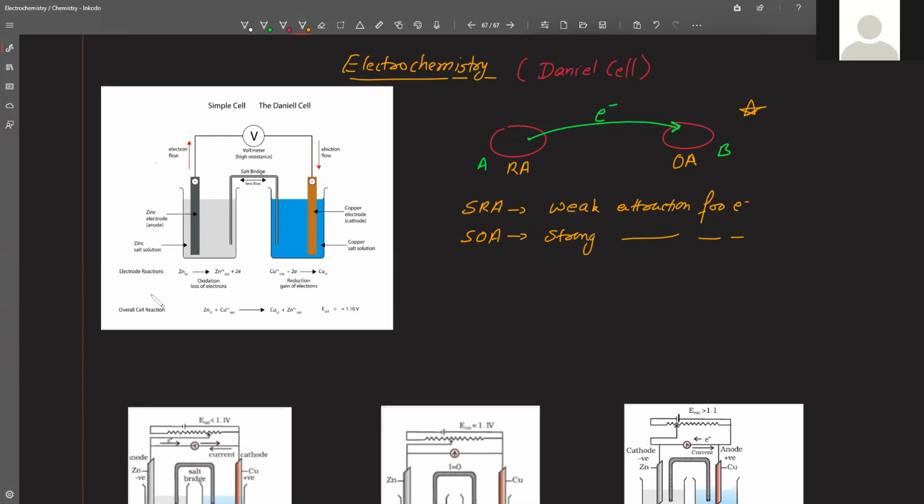If there is a strong reducing agent, it will be a weak oxidizing agent, or it will have weak attraction for electron. That's why it is redox, because reduction and oxidation are connected.